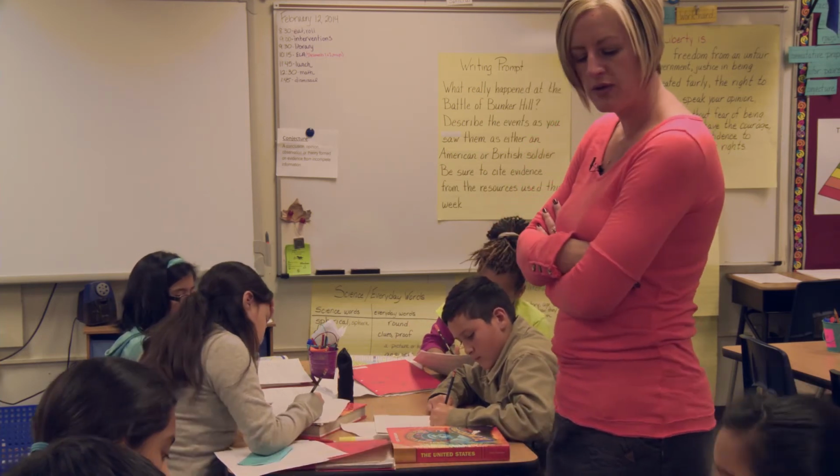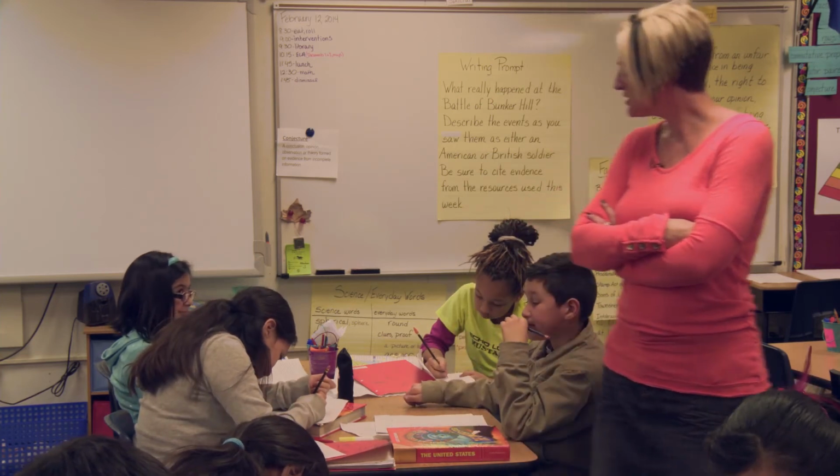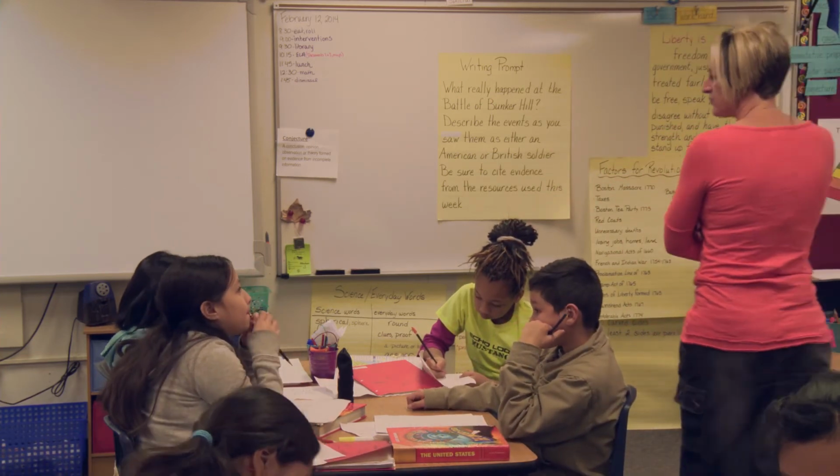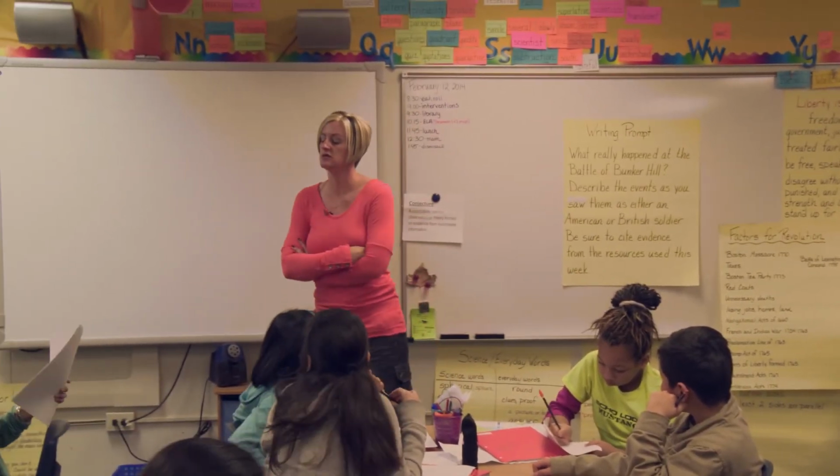All right, so let's regroup here and talk about this second document. What were some things that jumped out at you after reading this document? Some things that you found interesting.